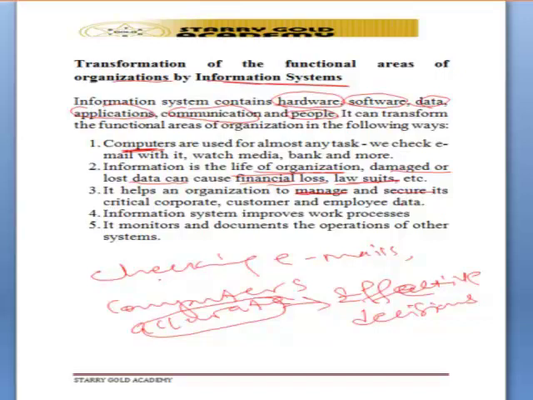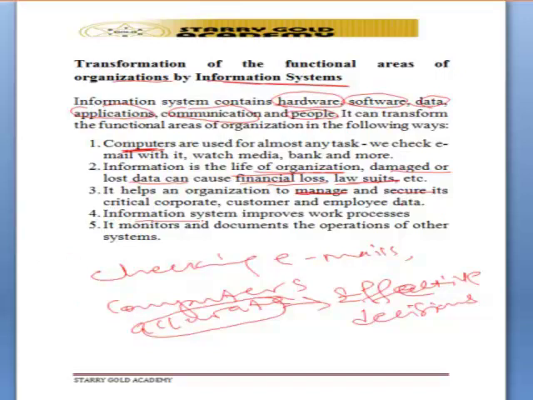Once the data are kept in a secure place, we can begin to process or manipulate the data with the help of an appropriate system and convert it to information. So with the help of computers or information systems, corporate, business, customer and employee information can easily be kept appropriately.